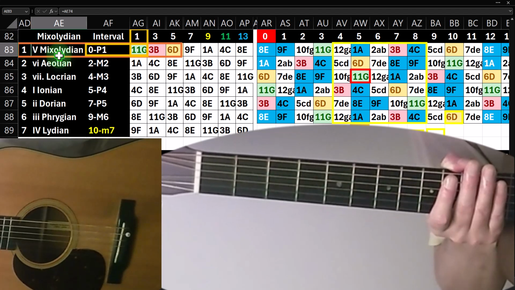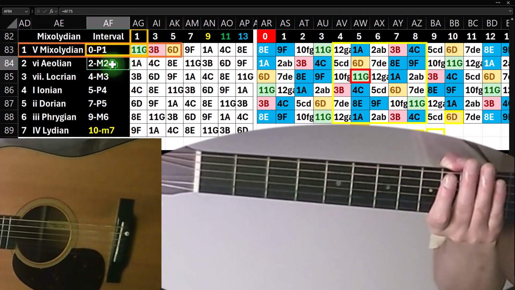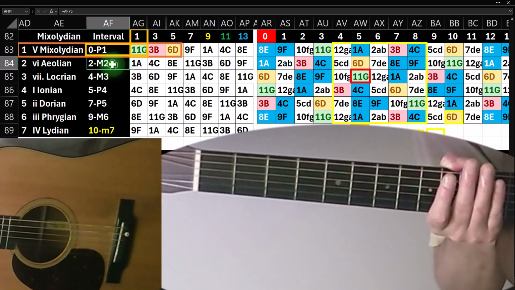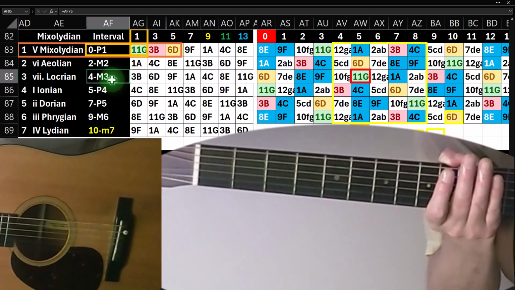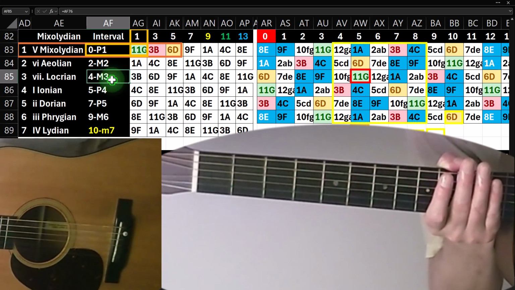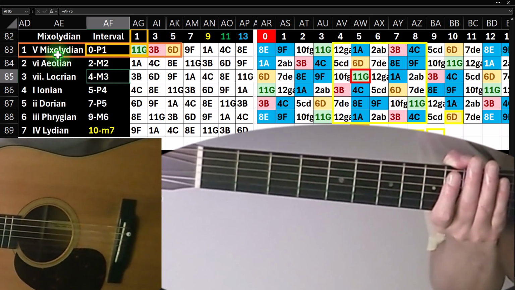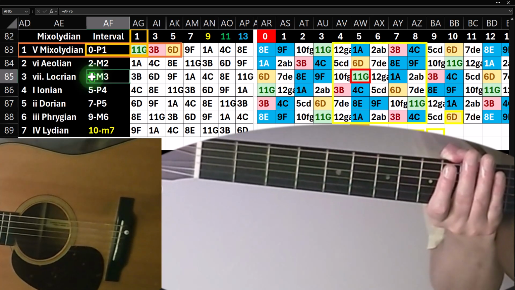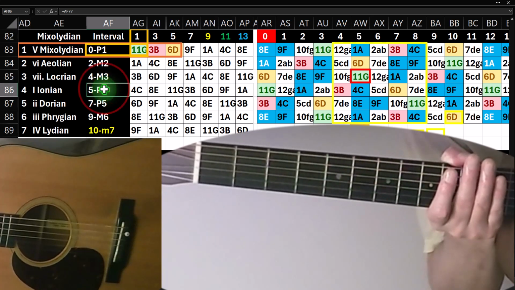I'm going to say that it has a perfect first, which is now a G, a 2 note away major second, which is the same distance, but now from the G as opposed to from the C, and a 4 note away major third. That's what we would expect in a major mode, as we know it is, because the major third, or the third in general, is the defining factor between a major and minor.